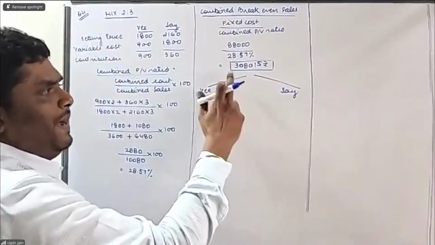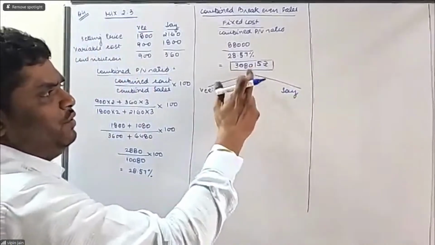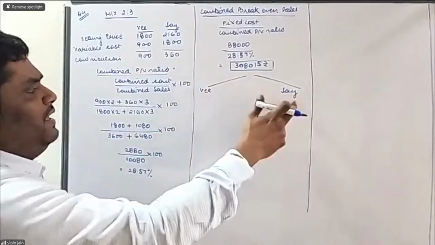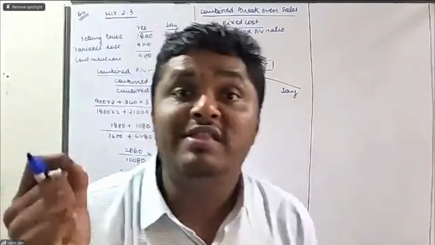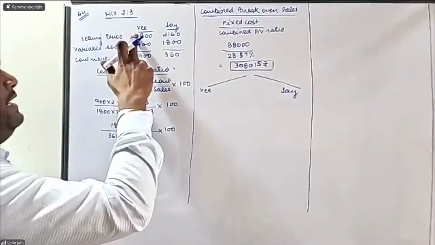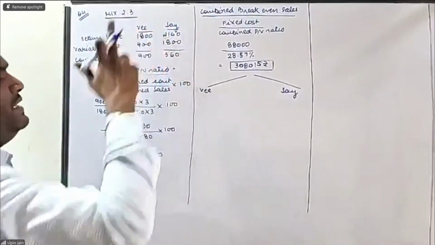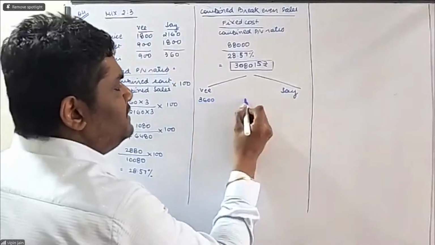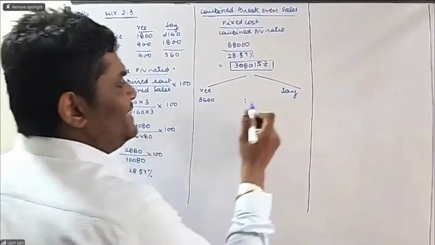So my combined break-even sales is 308015. It is to be distributed to V and J in the ratio of the sales of V and J, that is 1800 into 2 and 2160 into 3. So this is to be distributed in the ratio of 3600 is to 6480.